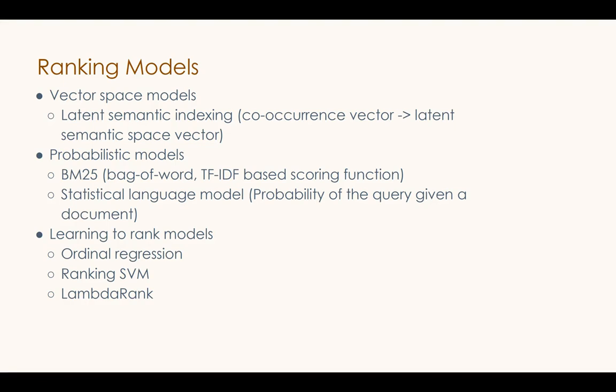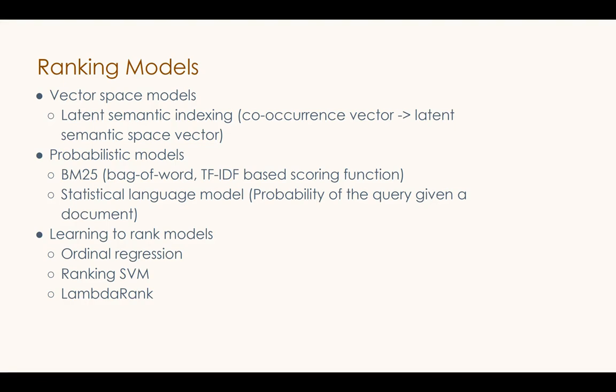The second category is probabilistic models. One important example is BM25. It is actually a bag-of-words model. It's based on TF-IDF, and it calculates the score between a query and a document based on these TF-IDF numbers.